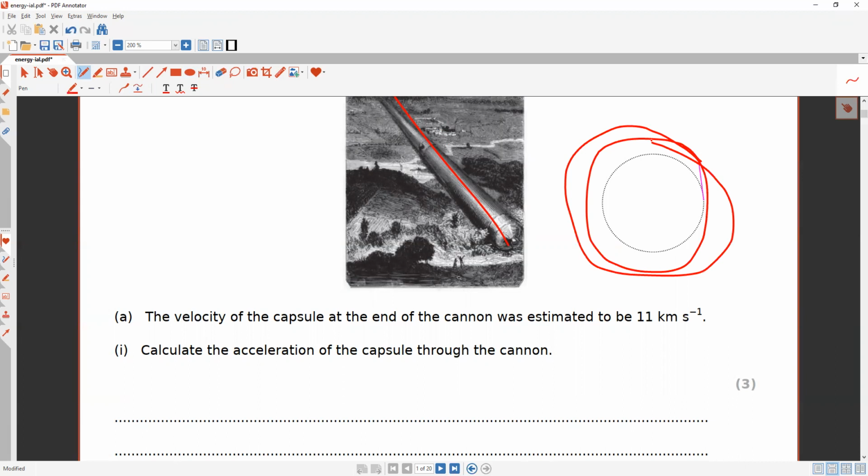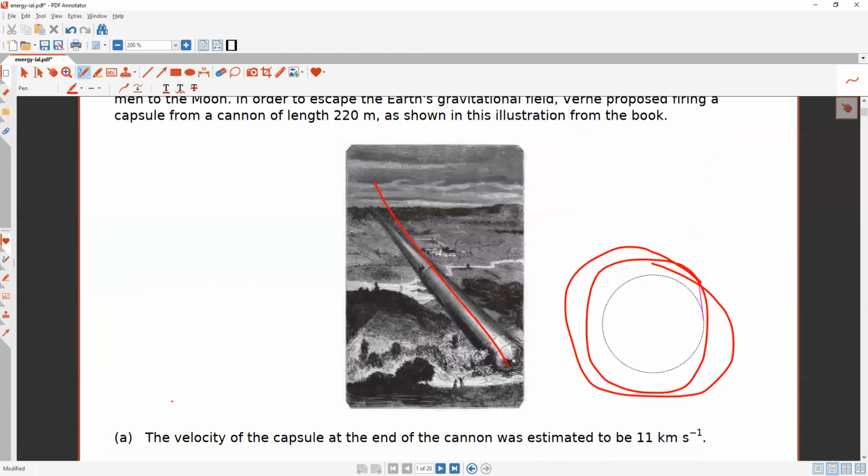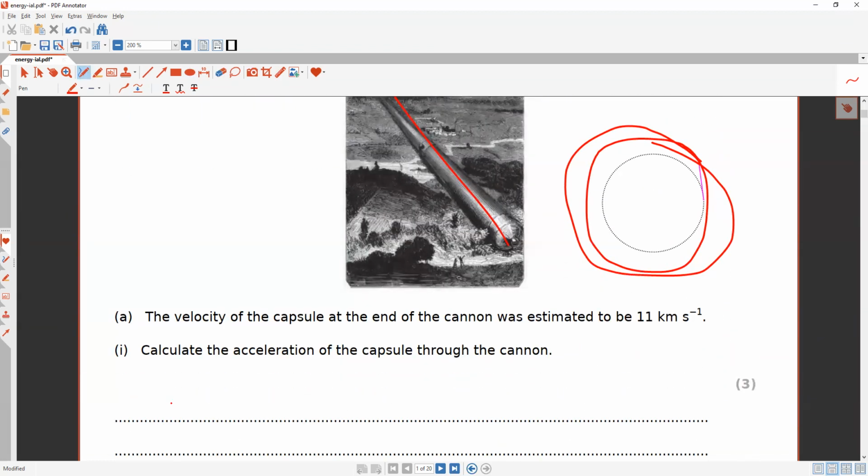Now calculate the acceleration of the capsule through the cannon. This is very easy. It's going to be v square equals u square plus 2as. Final velocity v is 11 kilometers per second, so 11,000 square, equals u, which is 0 square, plus 2a s.